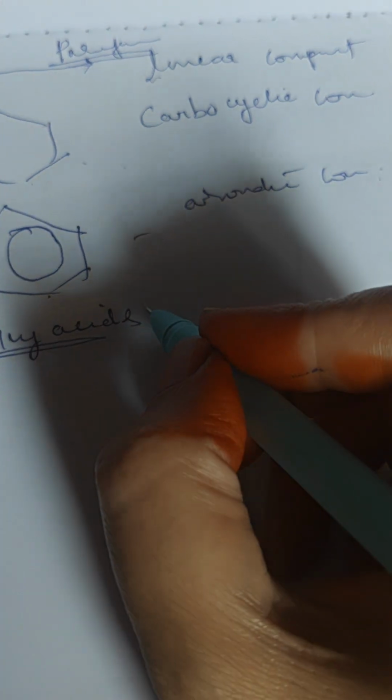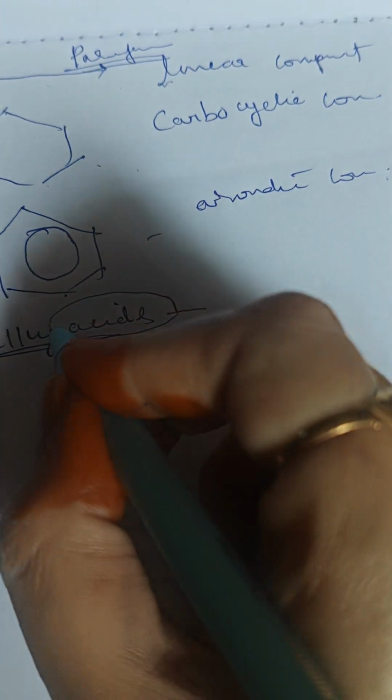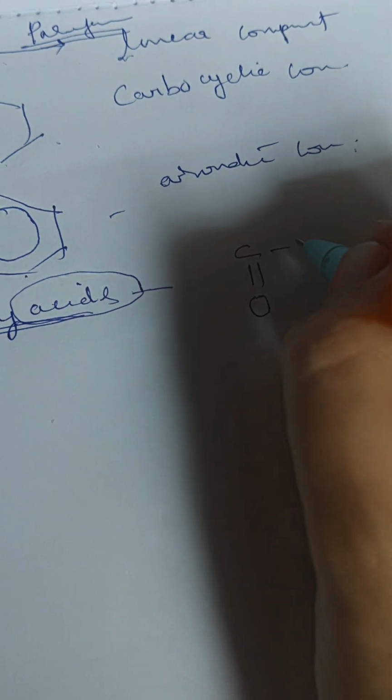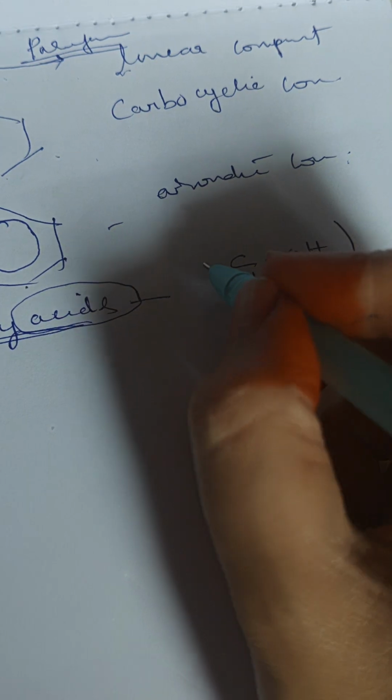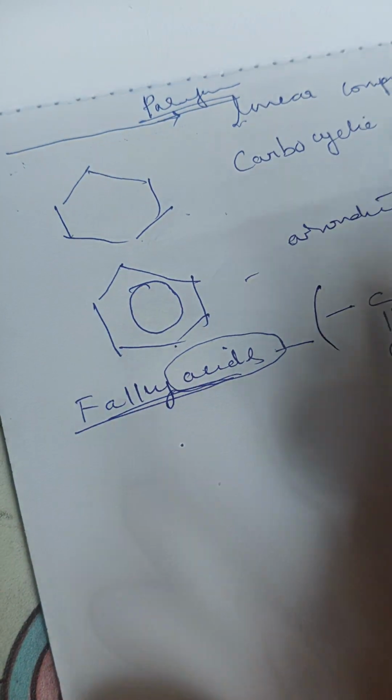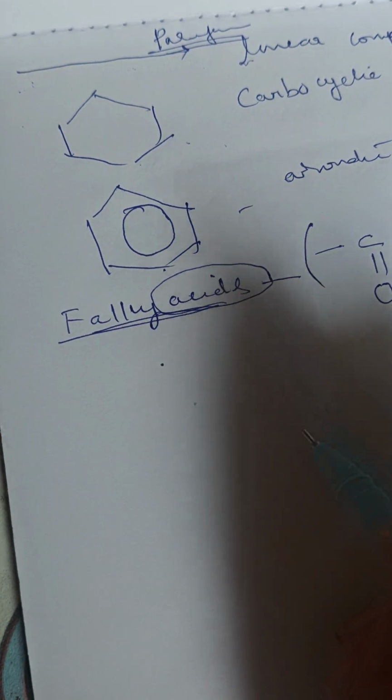Fatty acids end up with the functional group acid, which is C double bond O and OH. This is the functional group. They are under linear saturated paraffins or linear saturated hydrocarbons.